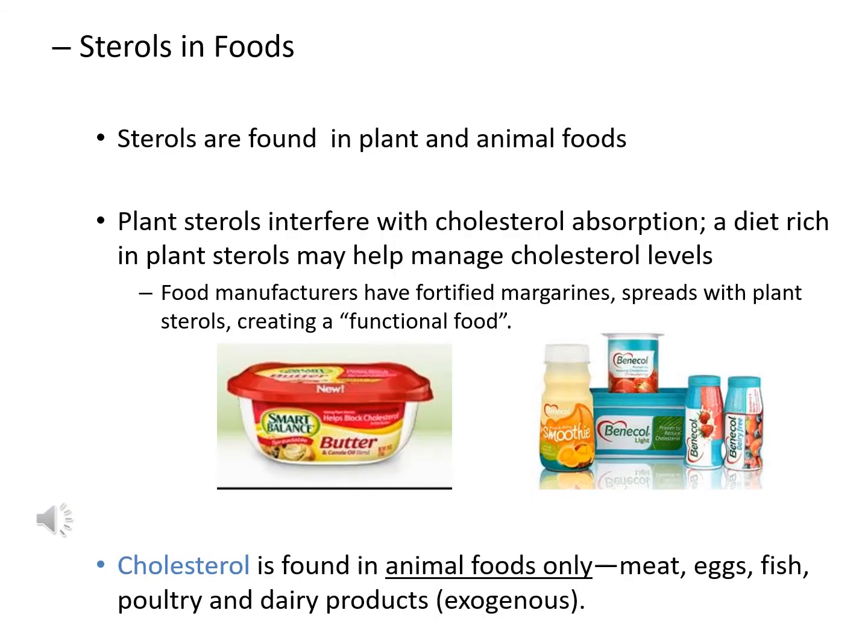Sterols are found in both plant and animal foods. Now, the plant sterols have been identified as having some health benefits. What they can do is interfere with cholesterol absorption. What's been suggested then is a diet rich in plant sterols can help to lower blood cholesterol levels, therefore decreasing the risk of heart disease.